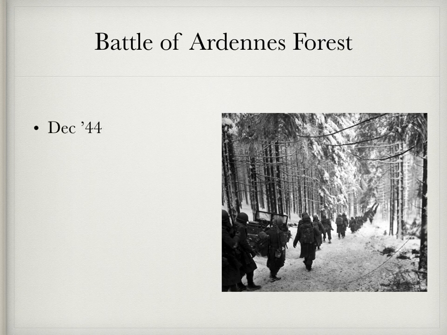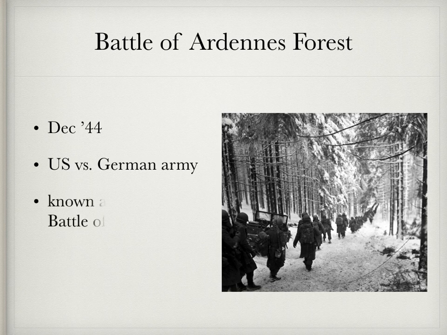So here we have the Battle of Ardennes Forest. This happens in December of 1944. The U.S. forces will be fighting everything the Germans have left. The line that the Americans are fighting on bends and bulges, but it doesn't break.